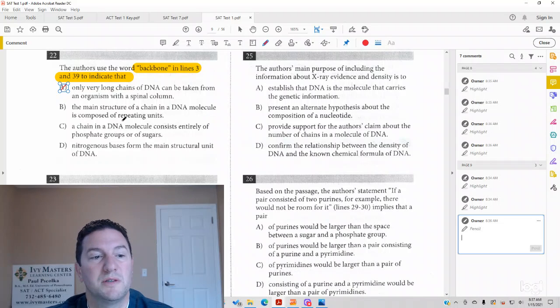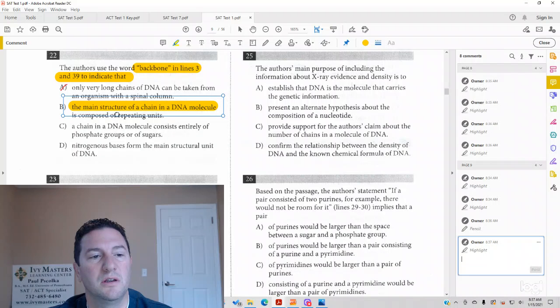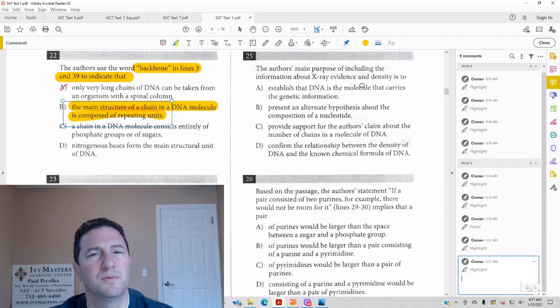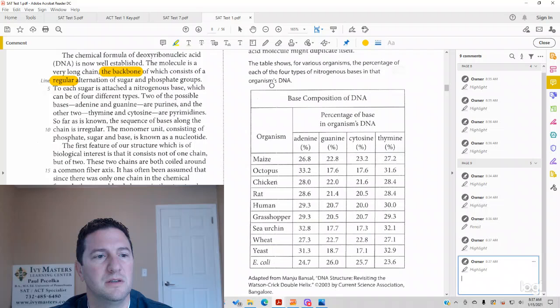If we look at answer choice B, the main structure of a chain of DNA molecule is composed of repeating units. Now that actually looks like a good answer choice because, like we said, if it's a regular alternation of sugar and phosphate groups, then it's going to go sugar, phosphate, sugar, phosphate. Actually, let me see. Is that what it said?